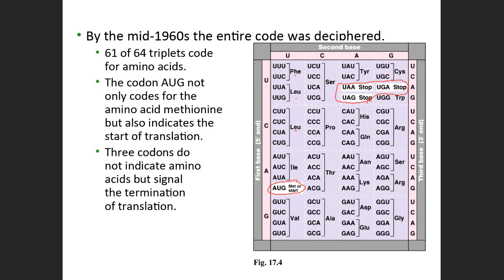Oh, okay, thanks. Right. So, but the three stop codons are UAA, UAG, and UGA. That means stop. Only one start codon. So basically, all polypeptides start with methionine, right? Because AUG is start.